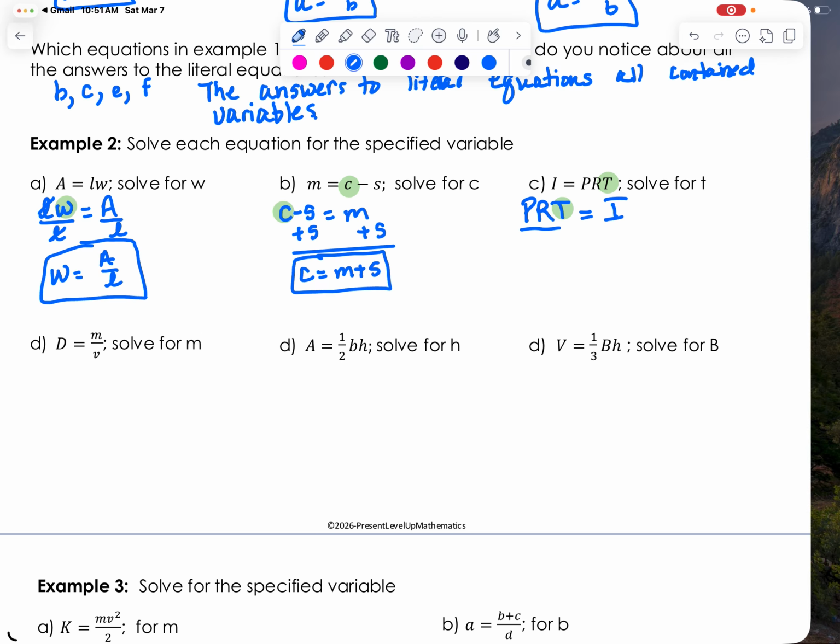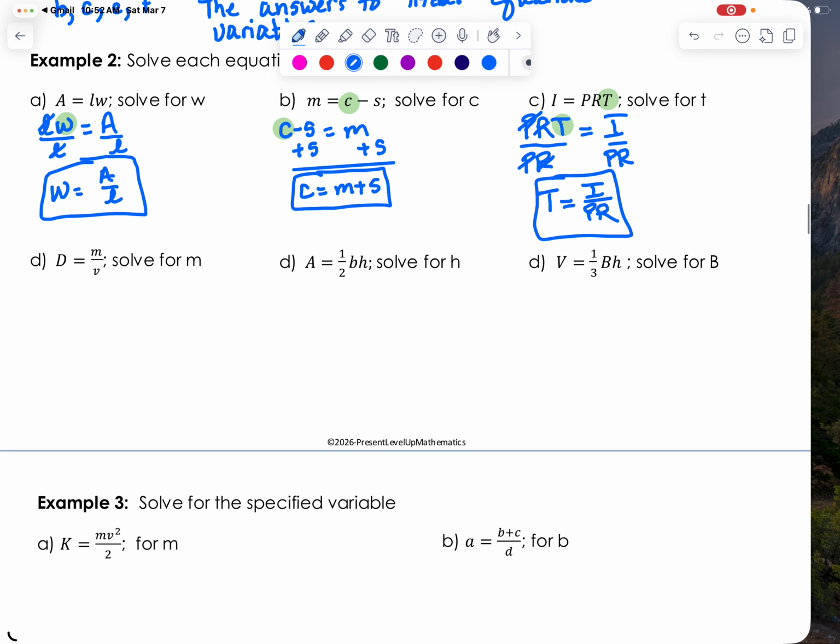So I want to divide both sides by P times R. The P cancels with the P, the R cancels with the R, and leaves me T. And then we have I, or interest, divided by the principal times the rate.